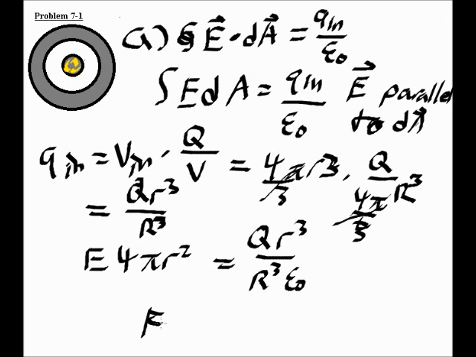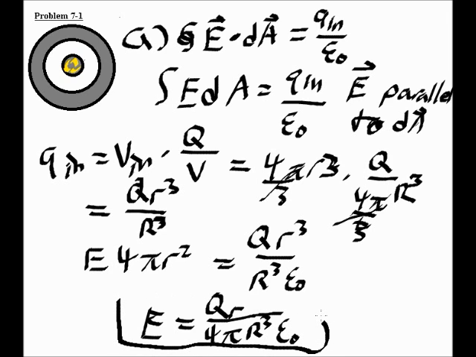And solving for E gives you Q r over 4 pi big R cubed epsilon naught. And that's your final answer.